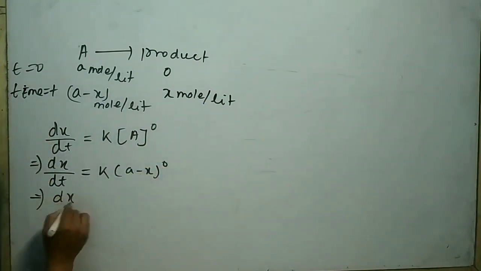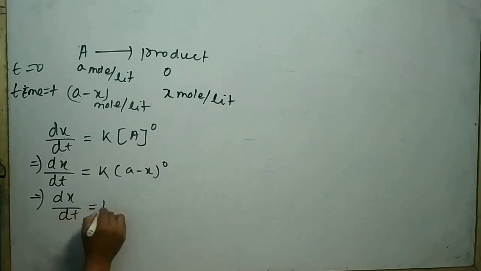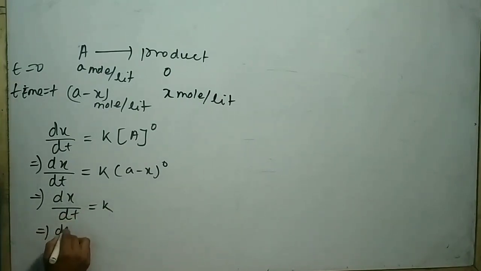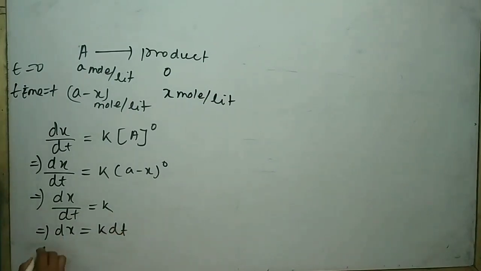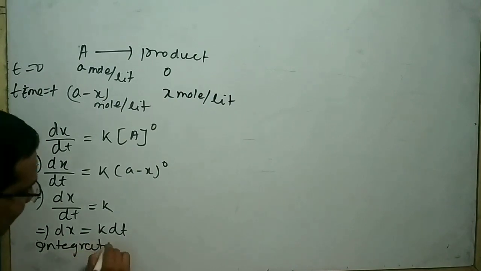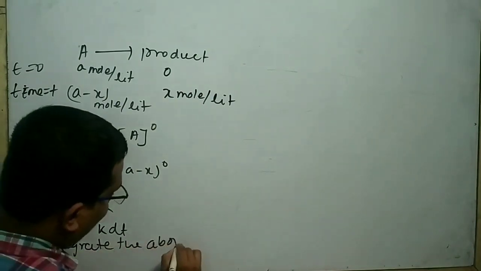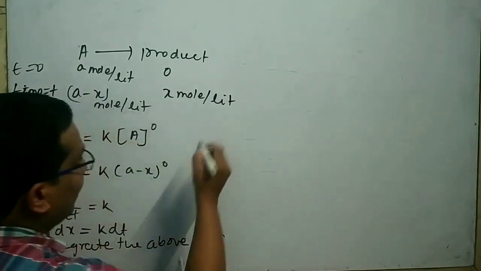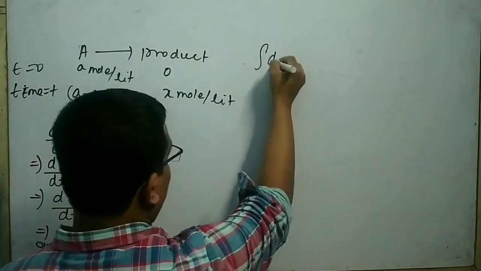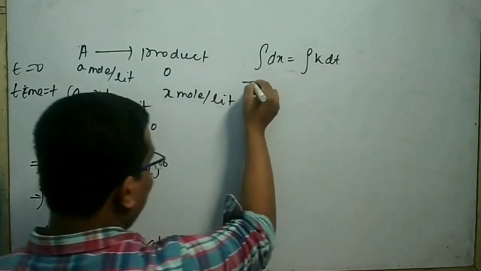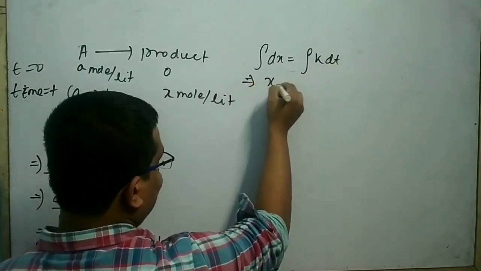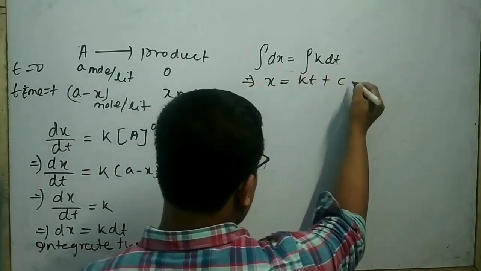Here I can write dx by dt is equal to k. That means dx is equal to k into dt. Now I integrate this equation. As a result, I can write integration of dx is equal to integration of k dt.